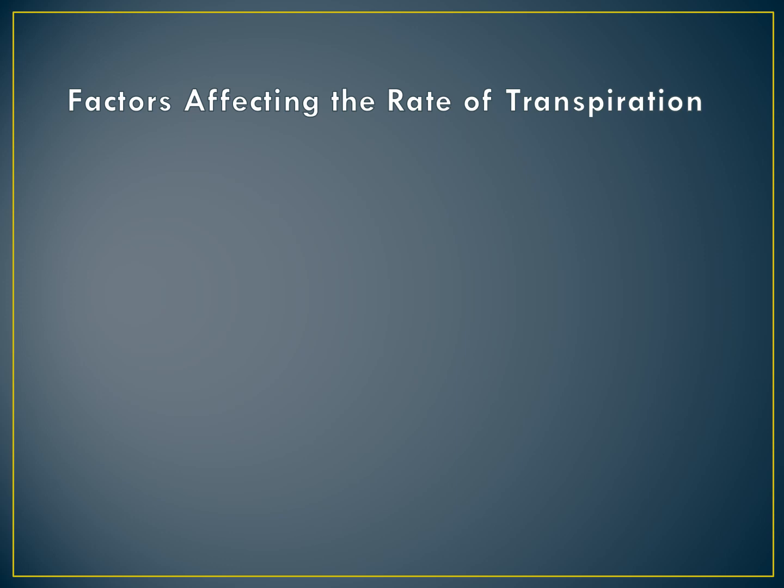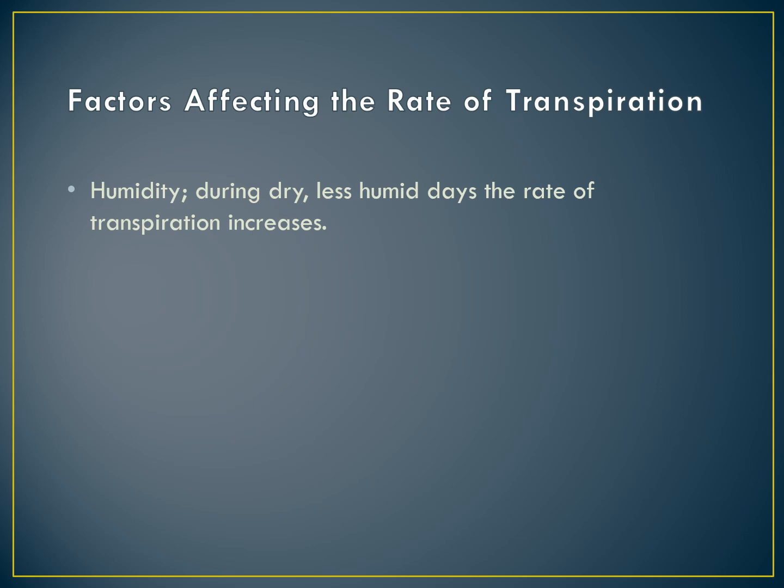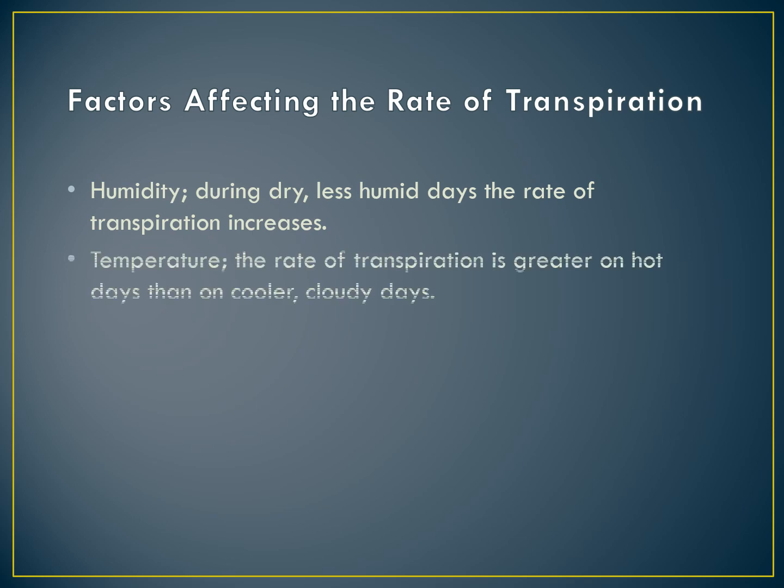Let's look at some of the factors that affect the rate of transpiration in plants. Humidity. During dry, less humid days, the rate of transpiration increases. Temperature has a big effect on the rate of transpiration. If the temperature is high, if it's warm out, then the rate of transpiration also increases.